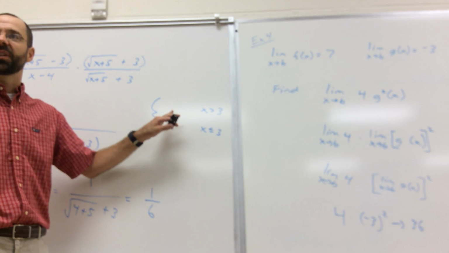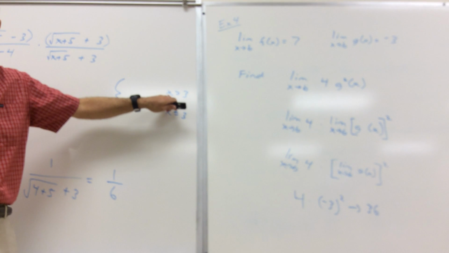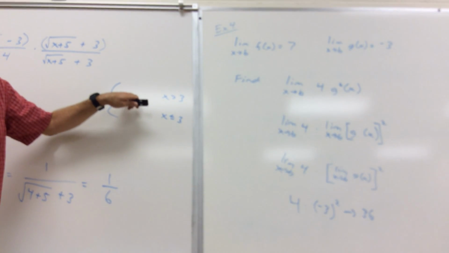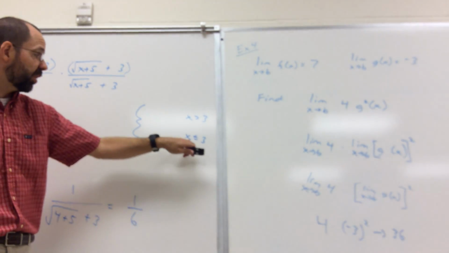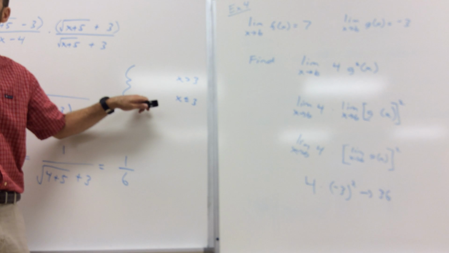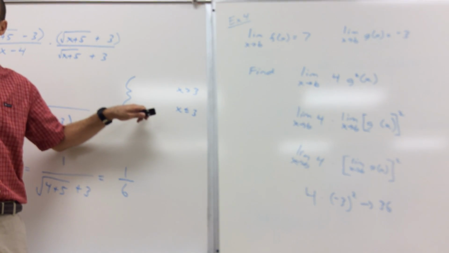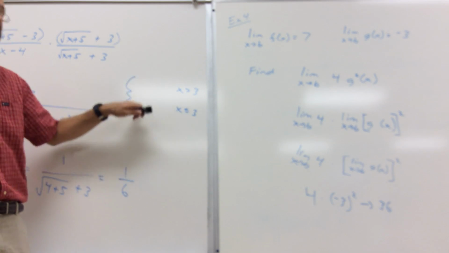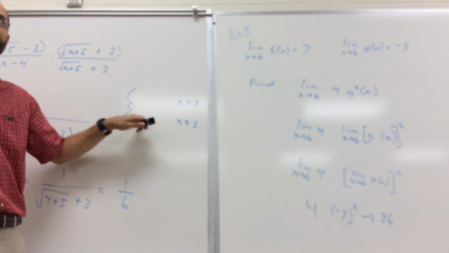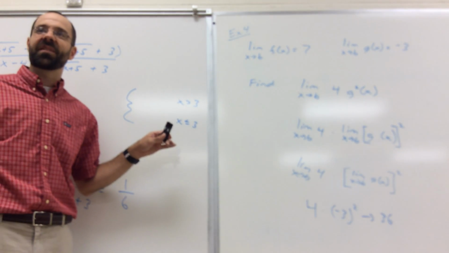So that's confusing. And it tells you, hey, if what you're inputting is bigger than 3, you use this formula. But if what you're inputting is less than or equal to 3, you use this formula. So when you make your table, depending on what number you're plugging in, you might use different formulas. Is that enough? It's different. Yes, exactly. And it kind of comes up out of thin air.